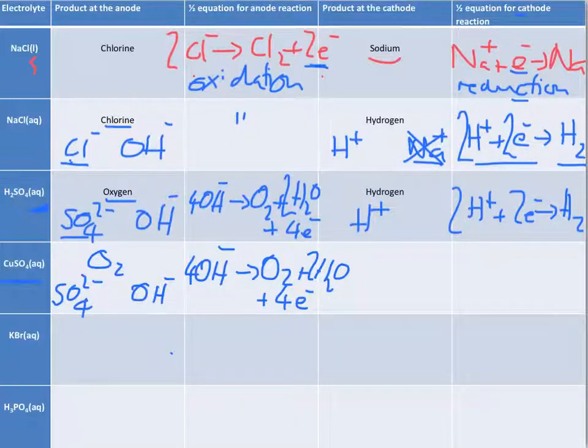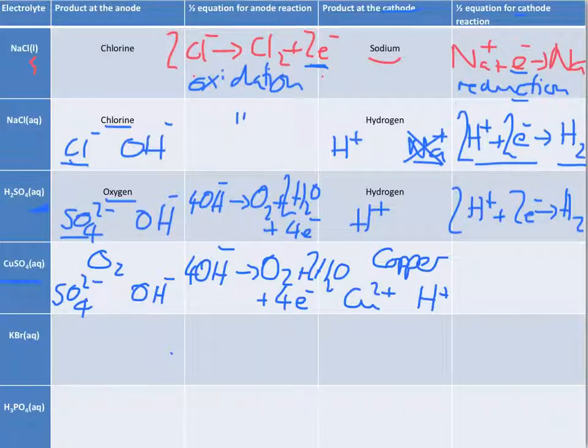Over here, let's have a look at the two types of positive ions we've got. We've got copper and we've got the hydrogen from the water. Now, copper isn't a particularly reactive metal. It's lower than hydrogen in the reactivity series, so we'll actually get orange copper metal being produced at the cathode.